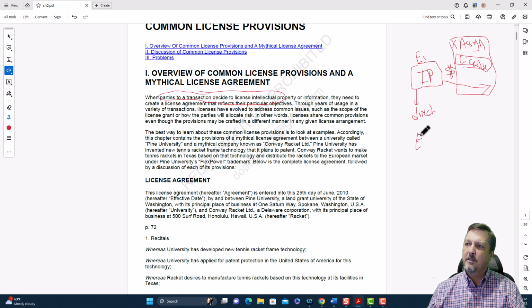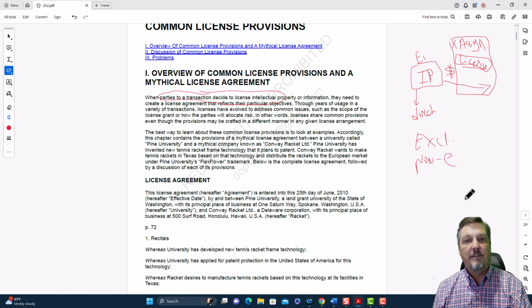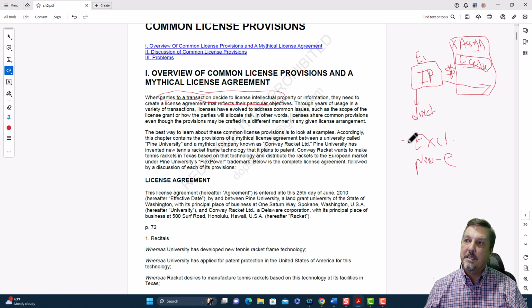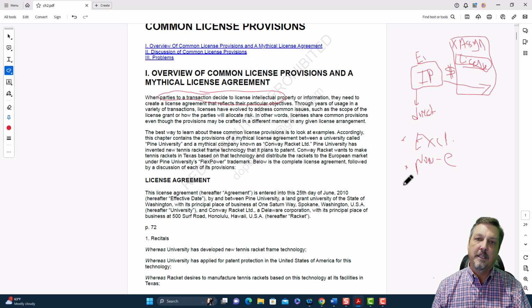And we talked about this a little bit last week, right? But exclusive, that's an E, period, or non, right? I'll just say non-E because it's really hard to draw with my mouse here. Exclusive or non-exclusive, and those are both possibilities with all of the kinds of IP licenses that we're talking about.